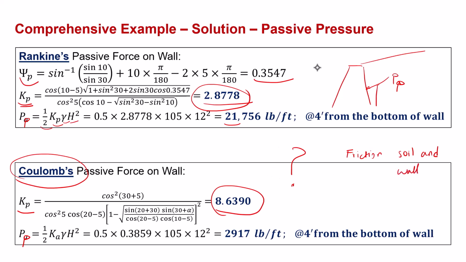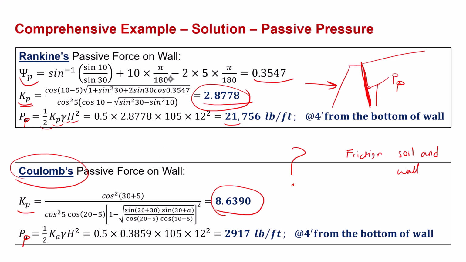This one helps a lot when you want to push the wall against the soil. This friction on this interface would give you a very large value when you consider it, and that is the reason that we have a very large Kp using Coulomb's passive equation compared to Rankine's.